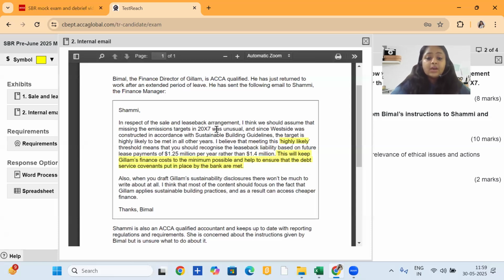Okay, next, when we discuss the sustainable building guidelines, if we read this line, it says that they can access cheaper finance. So the purpose of Gilliam is also being defeated here. Now we can go further and discuss more pointers in Exhibit 1 as well. Basically, this talks more about sustainability standards.